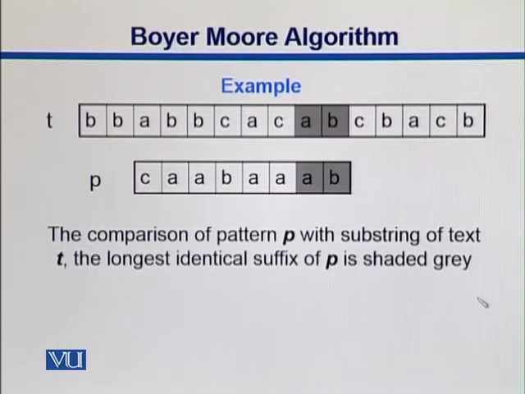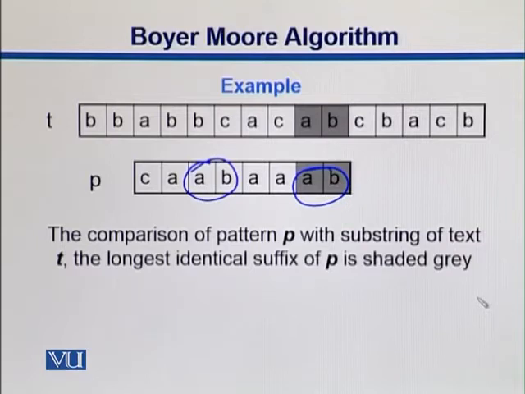Within the pattern, if we start from the right-hand side and move back, we observe that AB is there. That is the suffix we are taking, the last part of it. And this suffix exists within the pattern here also.